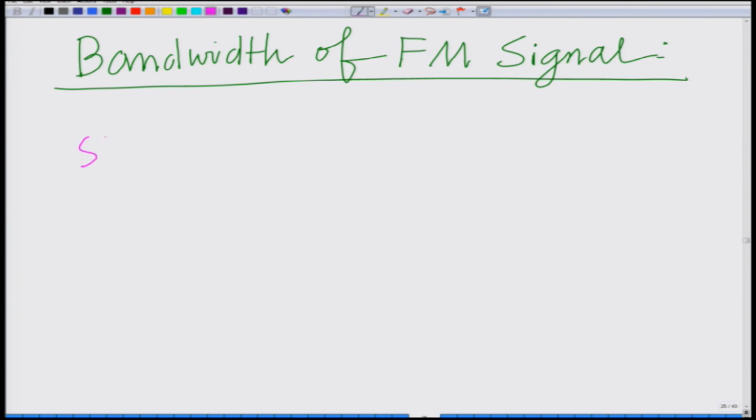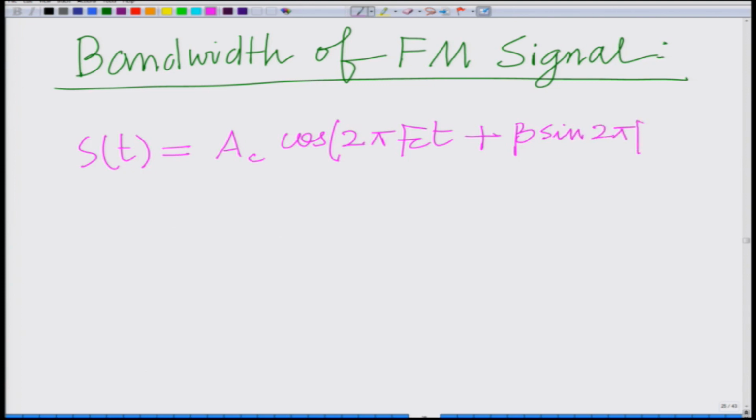Let the signal be s(t) equals Ac cosine, for instance, for an FM signal, which is given as s(t) equals Ac cosine (2 pi fc t plus beta sine 2 pi fm t).